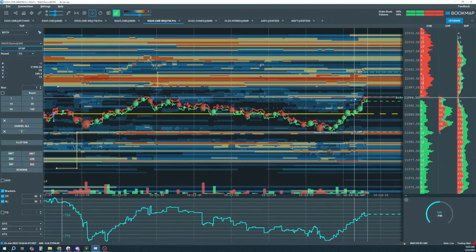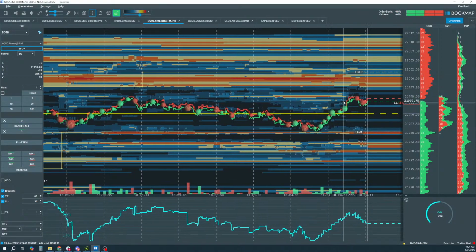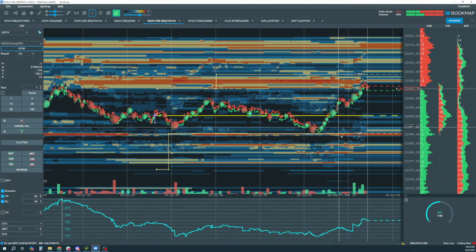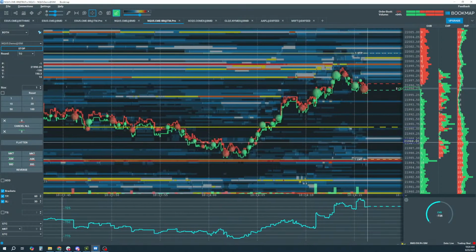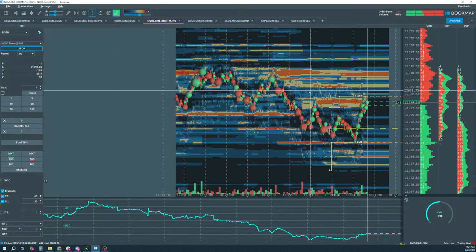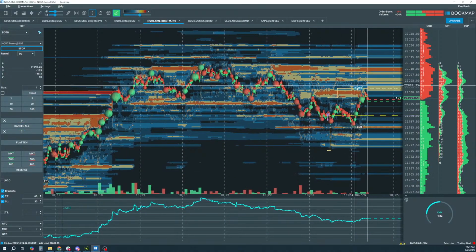Just right in front of it there. And that was it. Okay, we even front ran that by a little bit, by one tick, and still didn't hit us. Okay, so we're going to get stopped out on this, looks like.